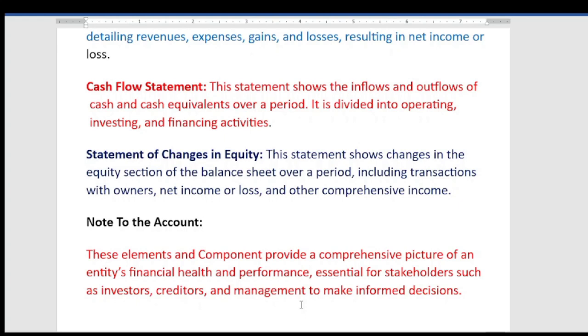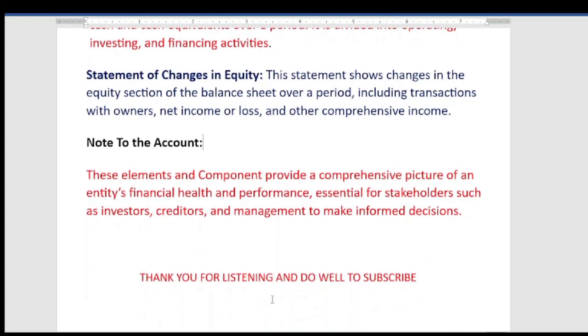One cannot work without the other. Without the element, you cannot get the component. And without the component, the elements will not be pronounced very well. So they are interwoven, they are interrelated, they work hand in hand to come up with a comprehensive picture of an entity's financial health in which the investors, stakeholders, creditors, me and you can make decisions out of a particular financial statement. I hope we are getting that.